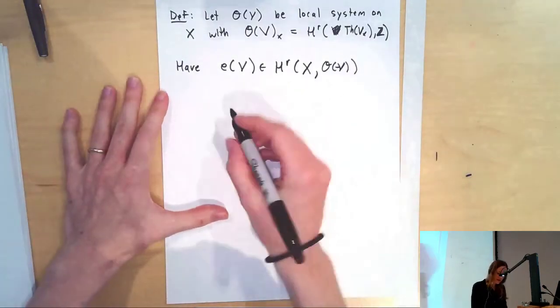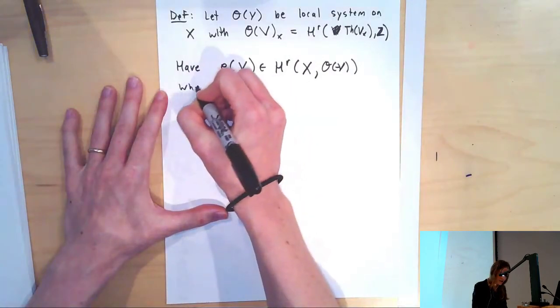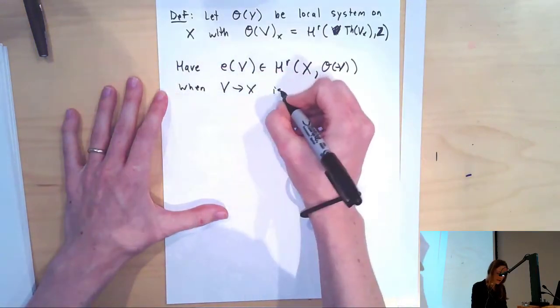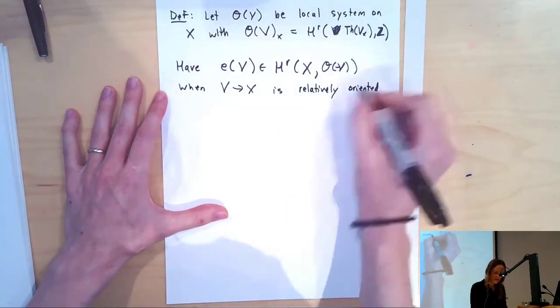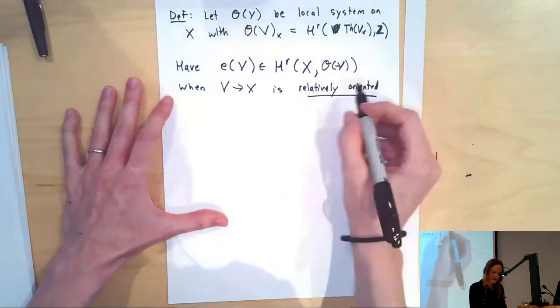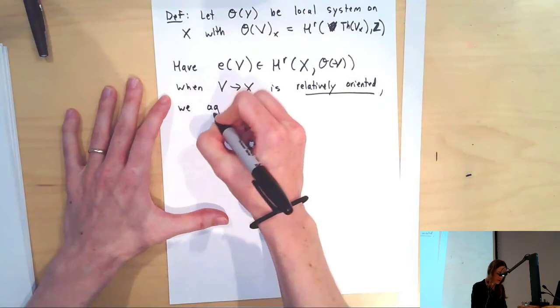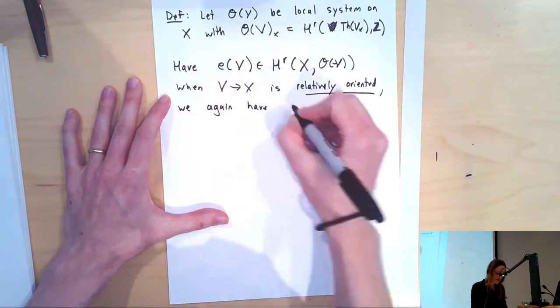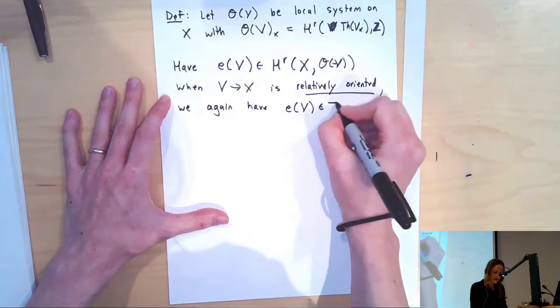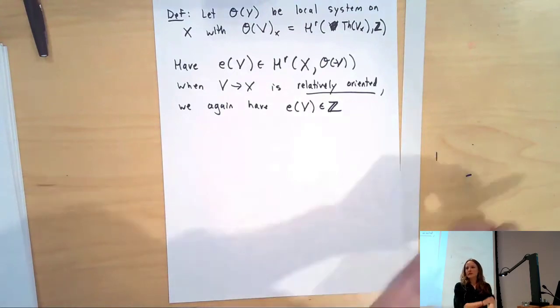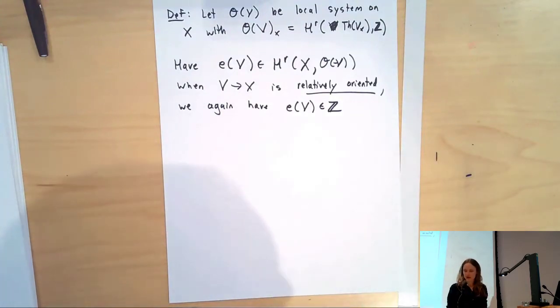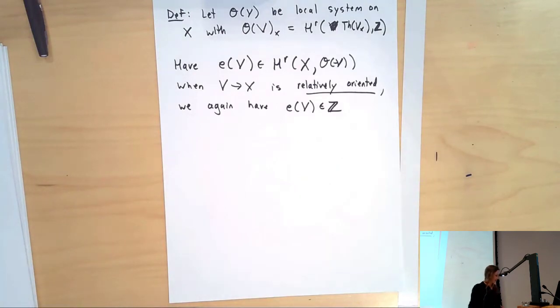And then when V is relatively oriented, we can again view E of V as an integer, which can again be computed as a sum of local indices, which is again well defined because we have a notion of changing both at once. And I think that's all I wanted to say about the Euler class in algebraic topology.